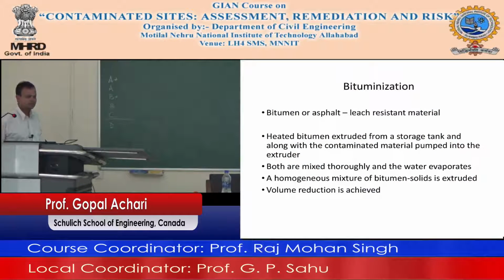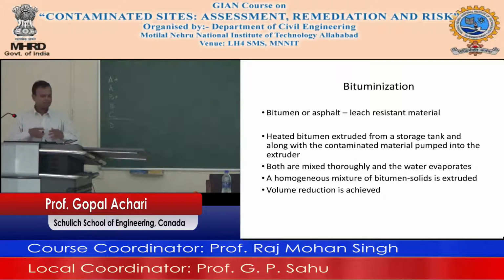Now, what is the characteristic of bitumen? Bitumen is the one that they use in roads, right? One of the characteristics of bitumen is that it is a binding material, but it is also resistant to almost anything. It is a very resistant material. So one thing you can do is take your waste material, whatever it may be, and mix it with bitumen.